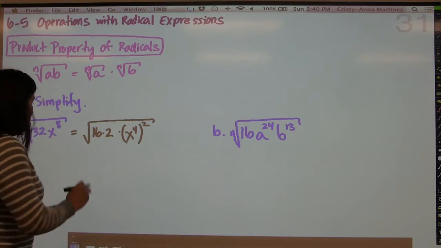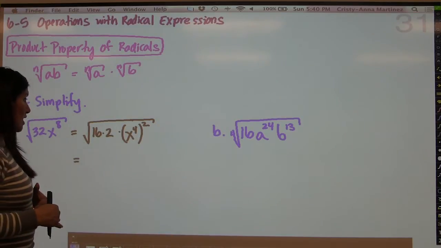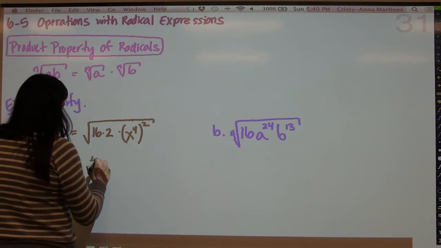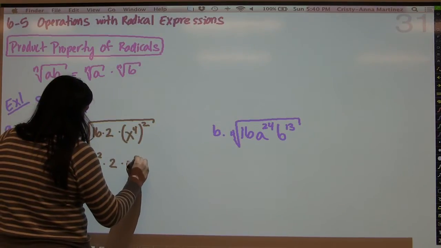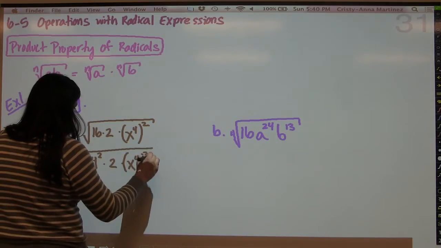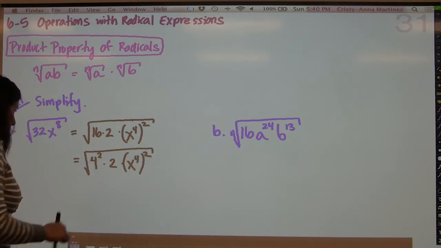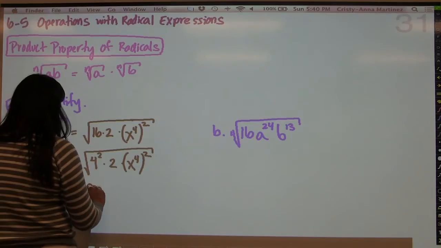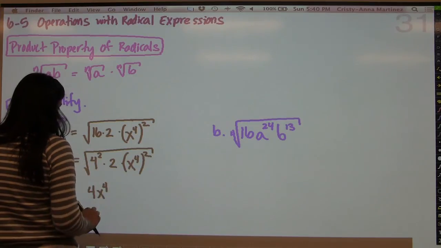Also, the reason I broke this down to 16 times 2 is because I know that 16 is 4 squared. So now I have 4 squared times 2 times x to the 4th squared. Anything that is squared is going to cancel with the square root. So the 4 is going to come out, and x to the 4th is going to come out.